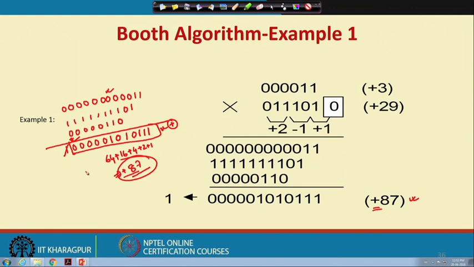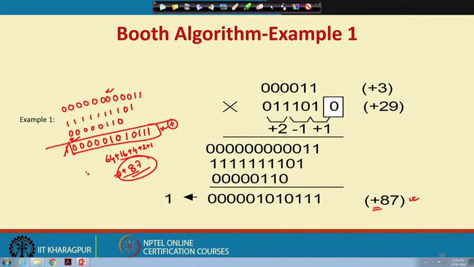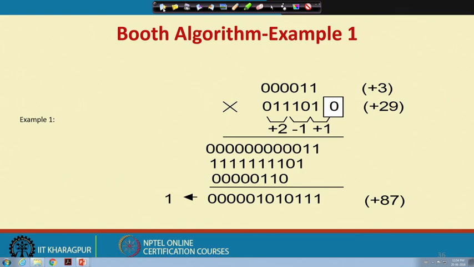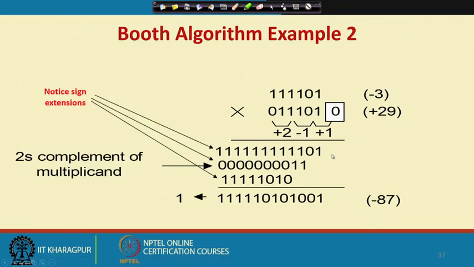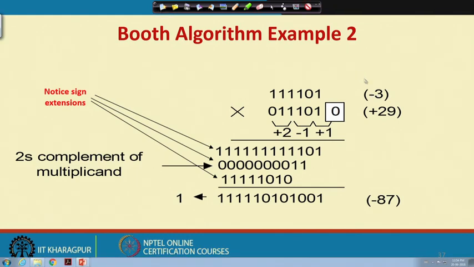Then next, if we change the number, that is plus 3 to minus 3 or any of these numbers to minus, at that time what will happen? Here you see I have changed the number to minus 3.